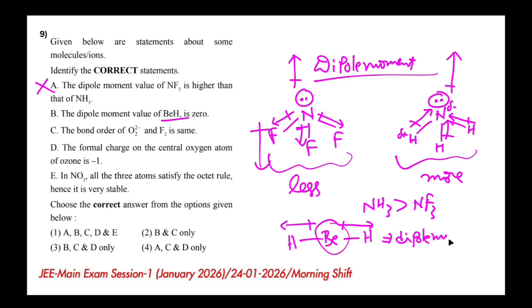In multi-atom molecules, the dipole moment depends on bond dipole moments and lone pair moments. Here both bond dipoles are opposite to each other, so the net moment of the molecule will be 0. That's why the dipole moment will be 0.